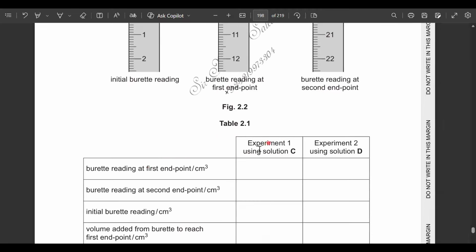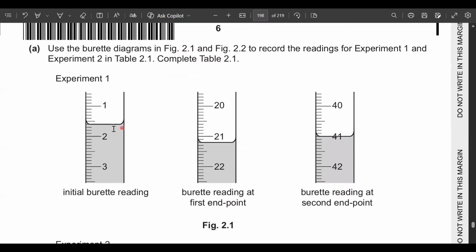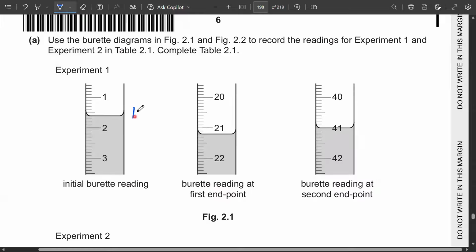So for experiment 1, using solution C, we have the value. If you can see, it is 1. This will become 1.1, 1.5, and this is 1.6. So I will write the values in front of it so that it is easier to note down the values in the table. This is 1.6.